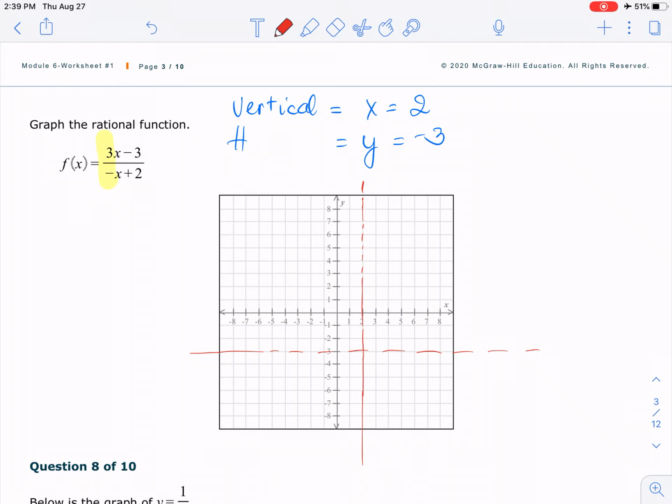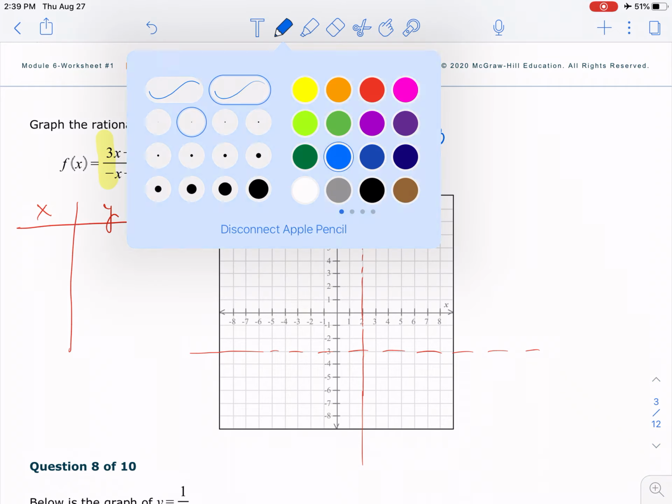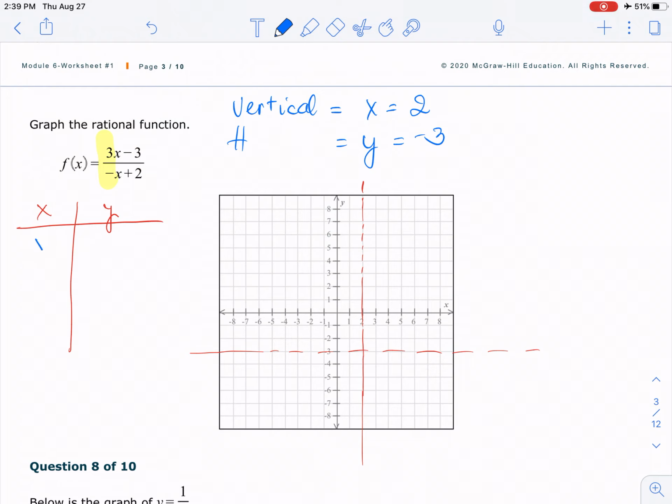And then we simply pick points. Once again, we can always try the intercept. So when x equals 0, we get negative 3/2.